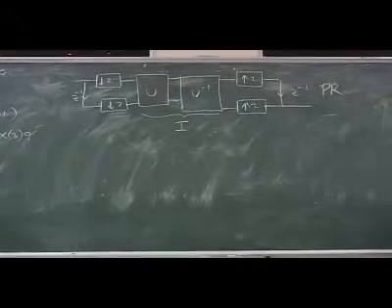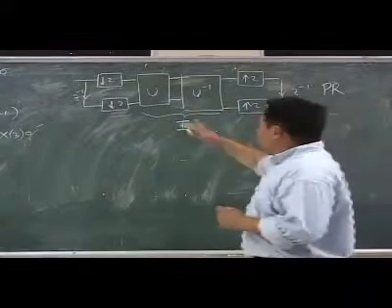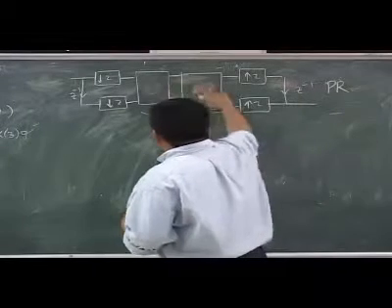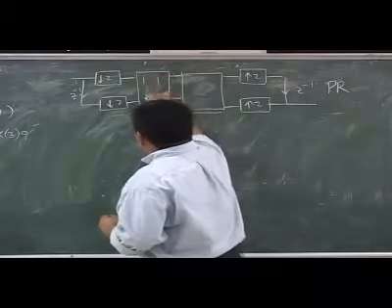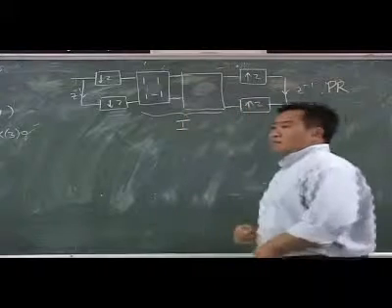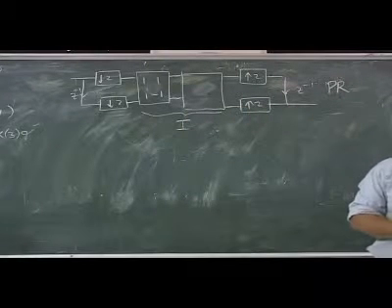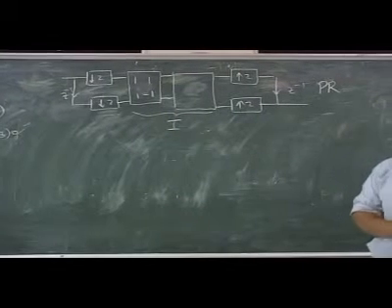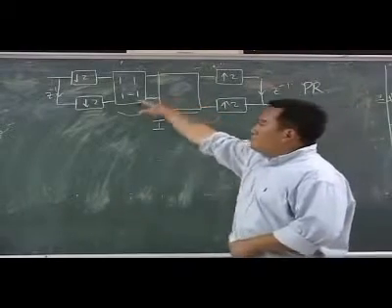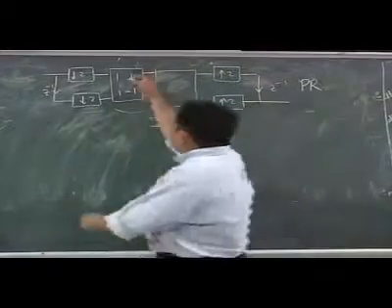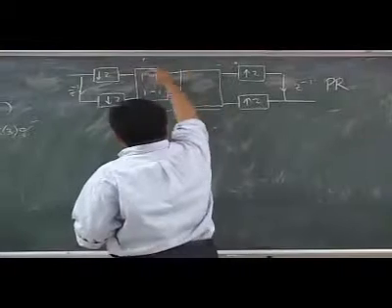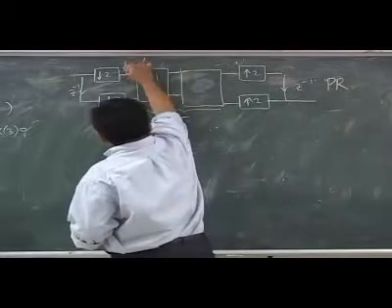Right? In particular, what if I use 1, 1, 1, minus 1? What's the inverse of that matrix? 1 over square root of 2, okay? Put 1 over square root of 2.